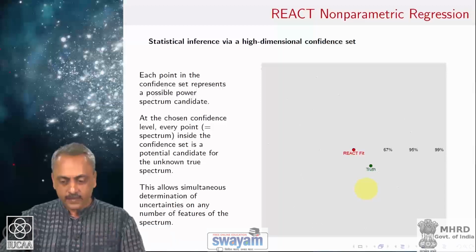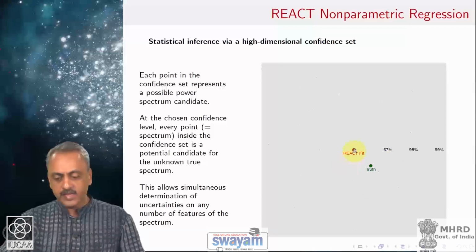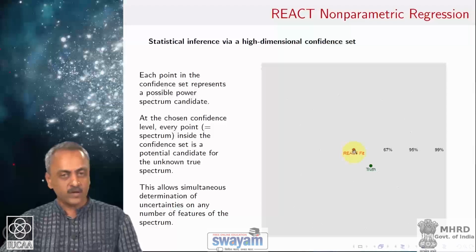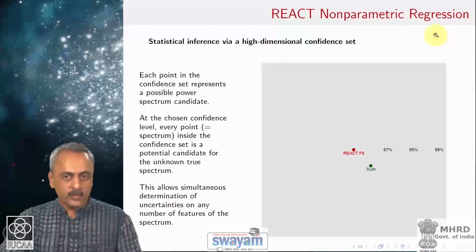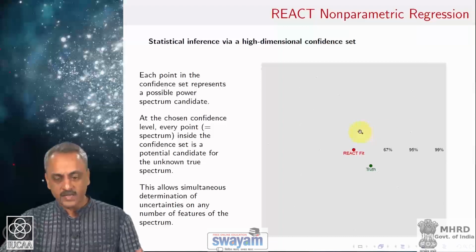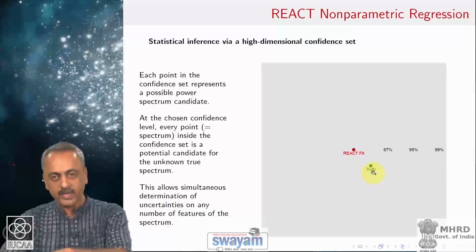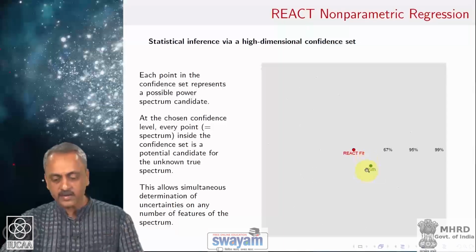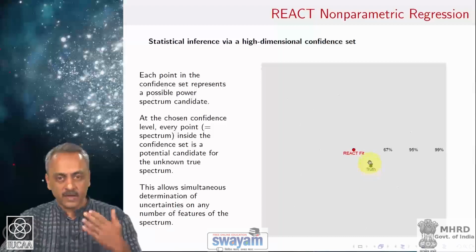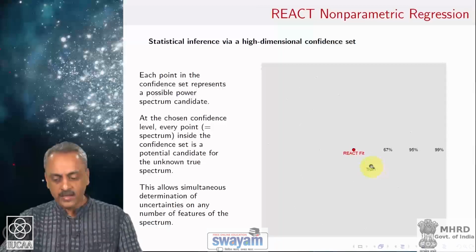Now, this is an interesting statement, because this is the REACT fit, which by construction sits at the center of the confidence set. You take a parametric fit coming from a particular cosmological model and put it inside this space and see where it is. If you are working at the 95% level, and you find it somewhere here, let us say this is the parametric fit, although I have labeled it truth here, take any point, it does not matter. Suppose your parametric fit coming from a cosmological model, say the lambda CDM model, is here.